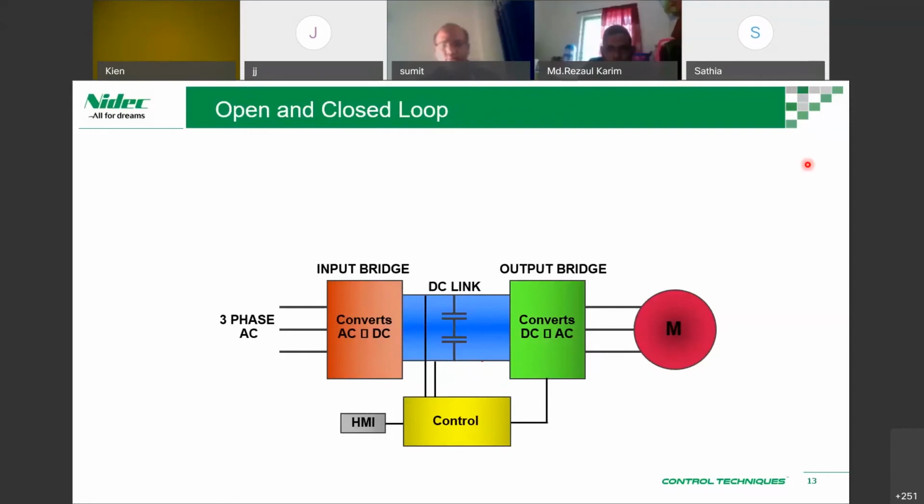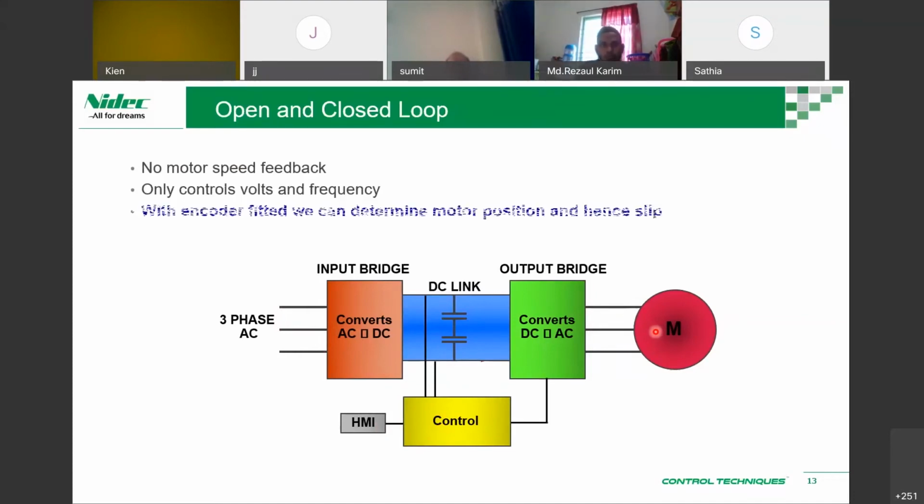So that's an HMI, and this is a typical configuration of open loop. You provide input, get an output, you tell the drive what to do, that's it. The drive will not know how much speed the motor is running at. So that's an open loop: no motor speed feedback, only controls voltage and frequency.